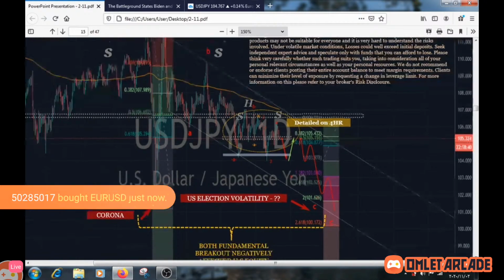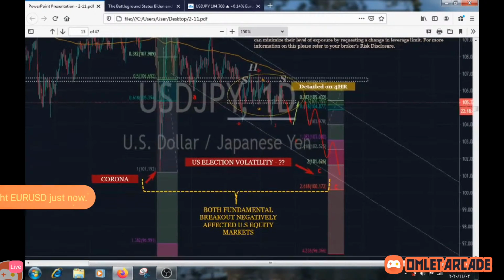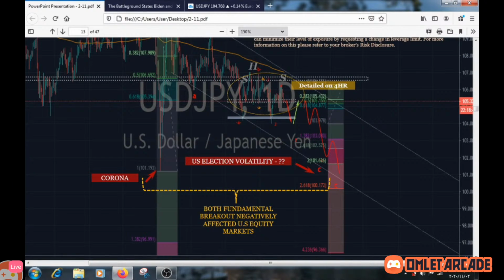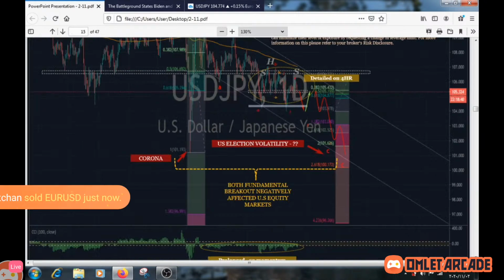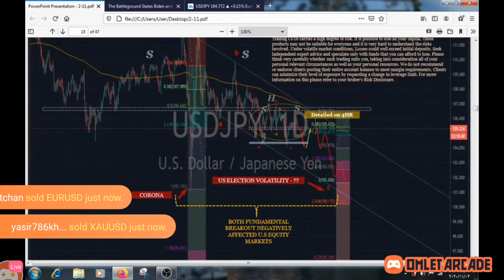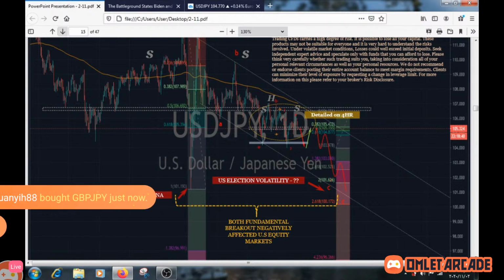We would show these levels, okay, and we're still biased for both fundamentals, US election volatility and Corona, take us down to 100 and 101. Okay, so the day is here, and tomorrow will be proved either right or wrong of that trade.